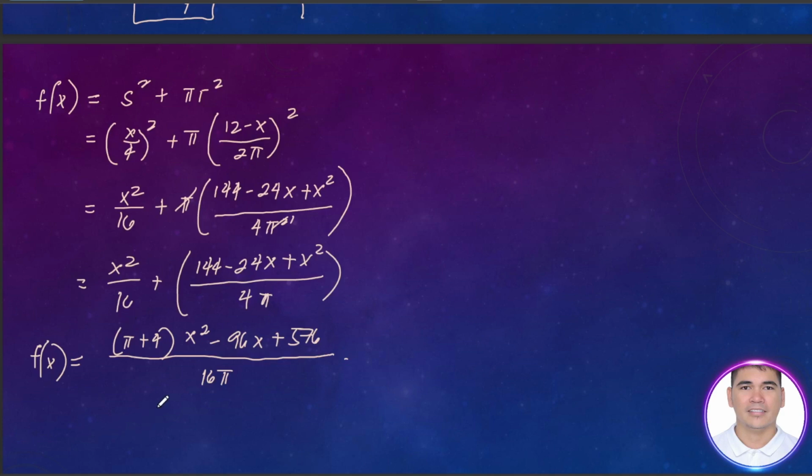Then we need to get the derivative of this. The derivative of f of x is equal to 1 over 16 pi times 2 times pi plus 4 x minus 96.